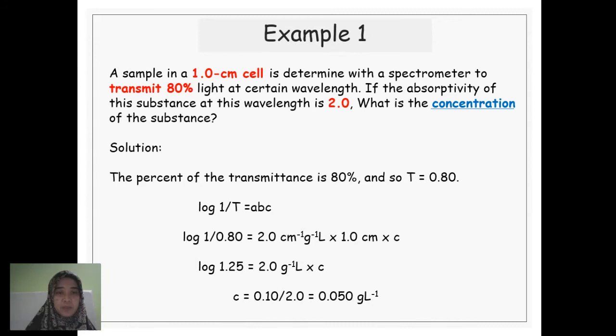The transmittance is 80%, therefore T is 0.8. So the concentration of the substance is 0.05 gram per liter.